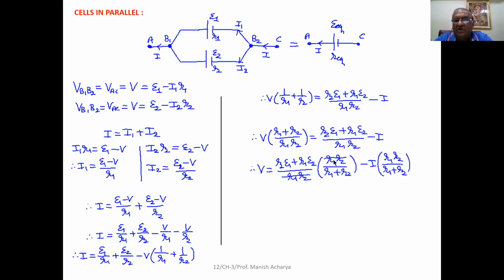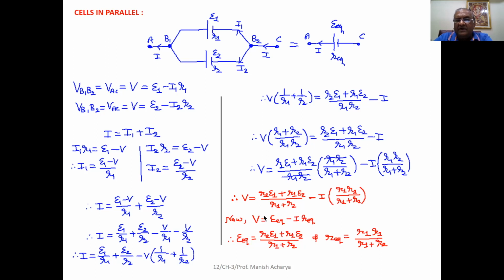So this R1 R2 and R1 R2 cancelled. So resultantly we can write V equal to R2 E1 plus R1 E2 upon R1 plus R2, minus I into R1 R2 upon R1 plus R2.